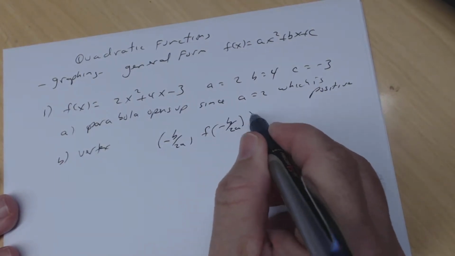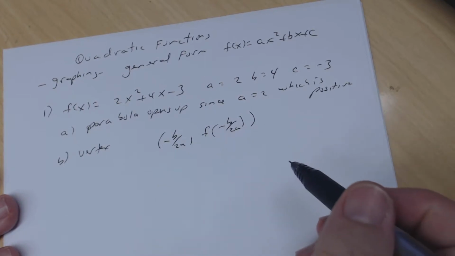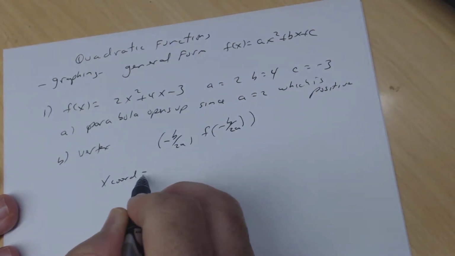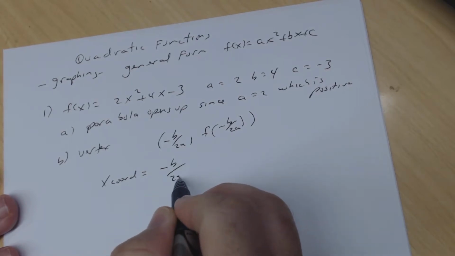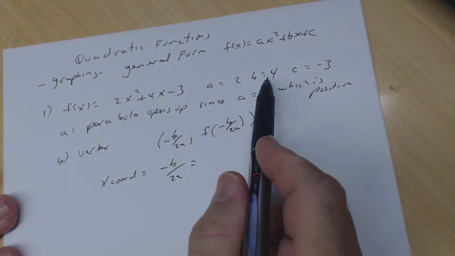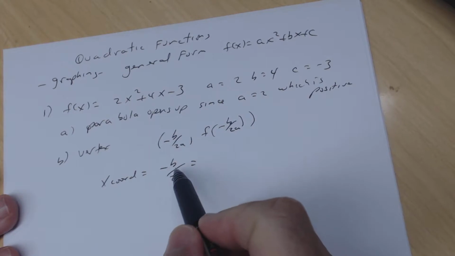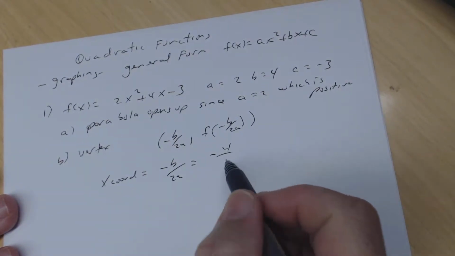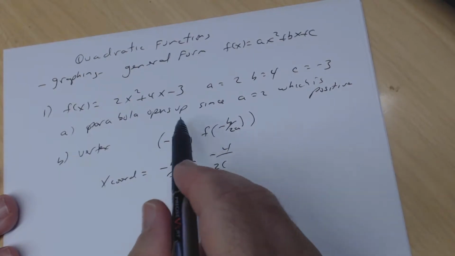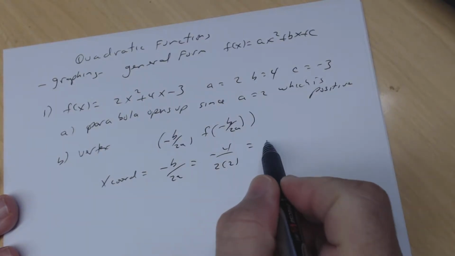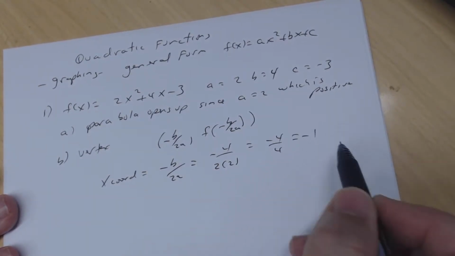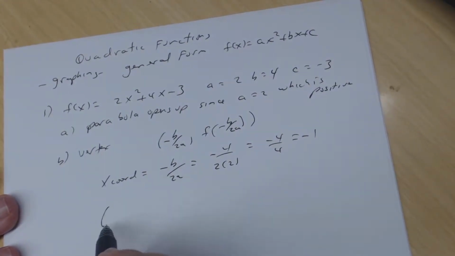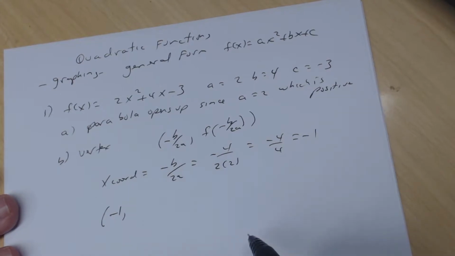To find the x-coordinate, you say negative b over 2a, and b is 4, so I take the opposite of 4, which is negative 4, over 2 times a, which is 2. So I get negative 4 over 4, which is negative 1. So the x-coordinate of the vertex is negative 1.